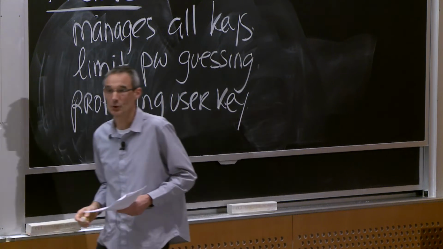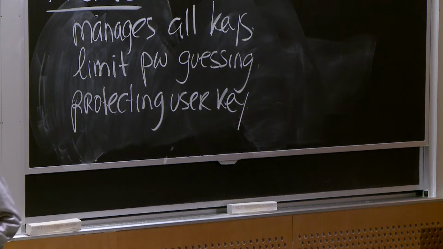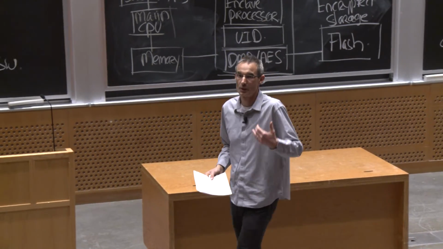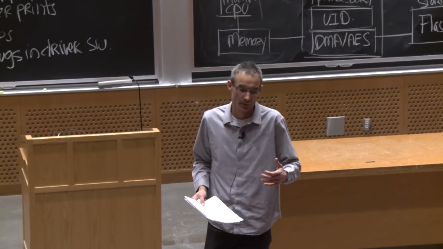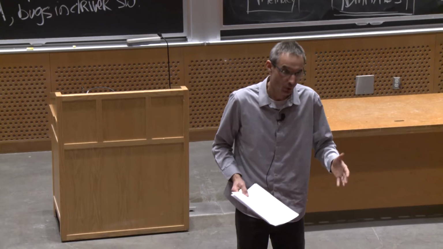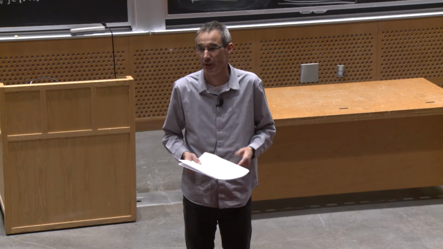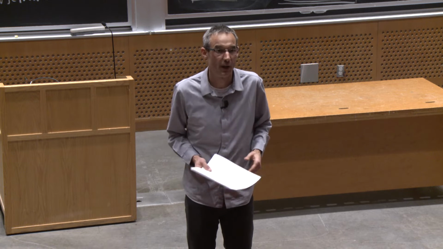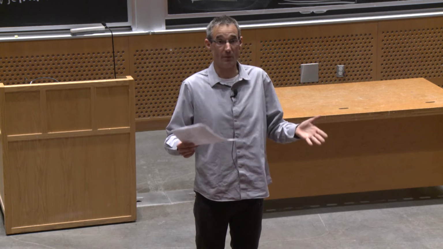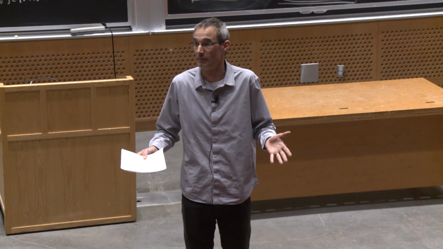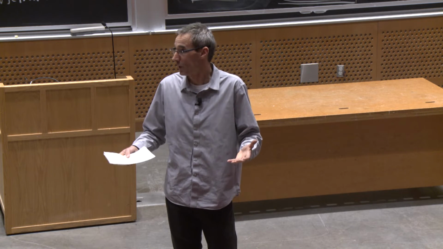There has to be a reasonably good story for that, because the assumption is that when the user locks the phone, they want to set it up in a way so that once you lock the phone, the key that's being used to encrypt and decrypt your data, or your most precious files, is not present in the phone at all anymore.